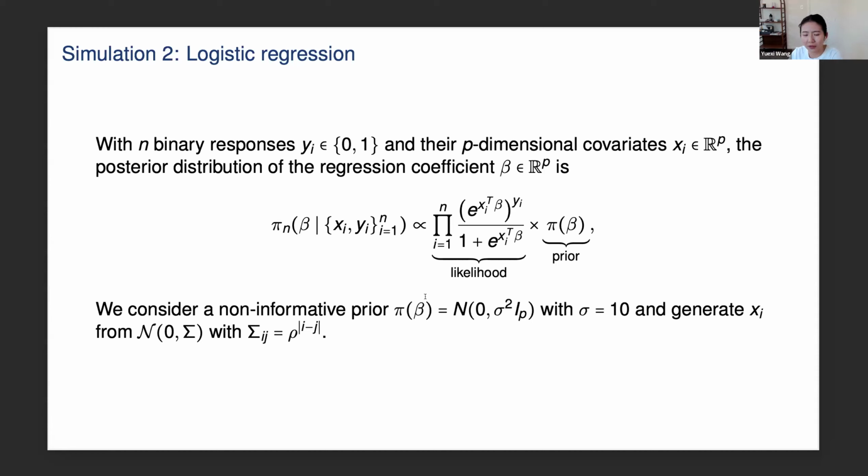And a lot of the time you still need to use, say, at least data augmentation to sample from this logistic posterior. So here we consider a non-conjugate and non-informative prior, which is just a pretty flat normal distribution. And we generate our covariates from normal 0, Sigma, where Sigma is a Toeplitz matrix to induce some correlation among different covariates.